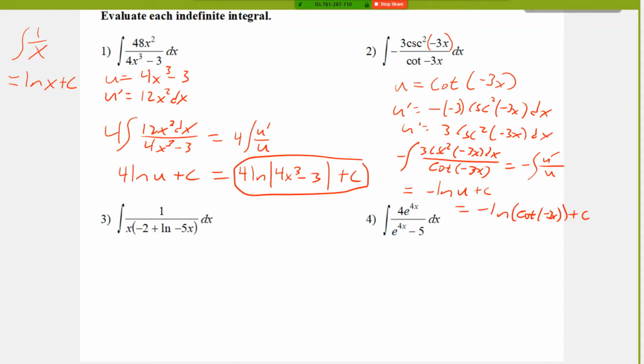Okay, next on the list, I've got Nini that just showed up on Skype. I think I'm going to give her a round first, so I'm going to pass Nini for now and we'll come back. So that'll bring us to Niall over on Zoom. Niall, for number 3, what's my u?